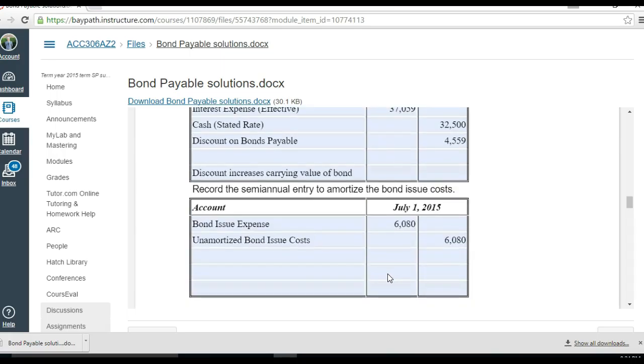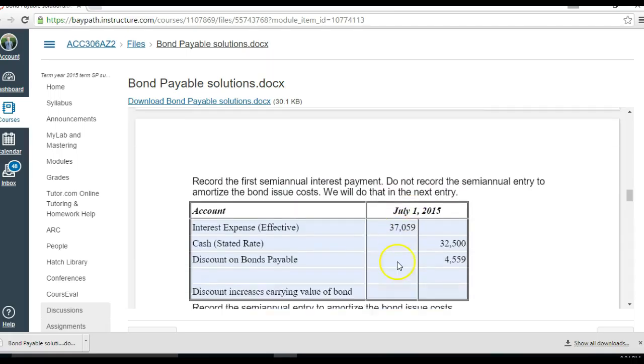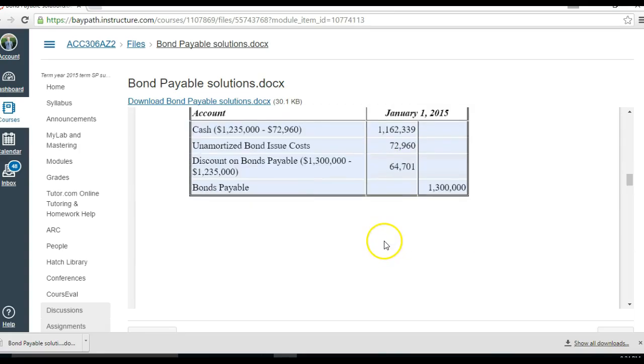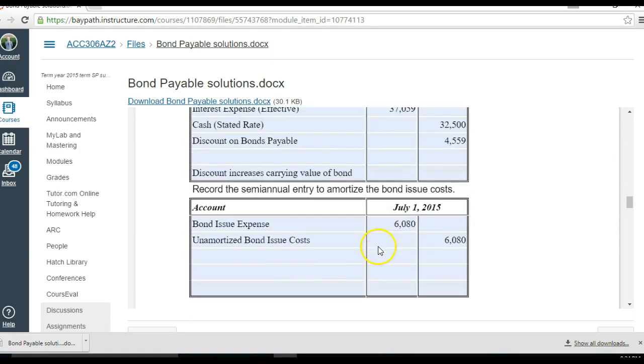The bond issue expense is simply the unamortized bond issue costs spread out over the 6-year period divided by 2.